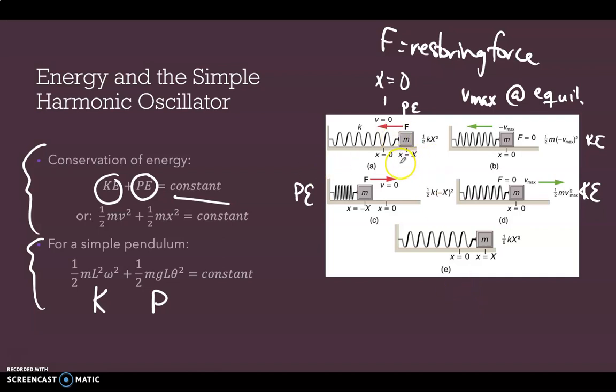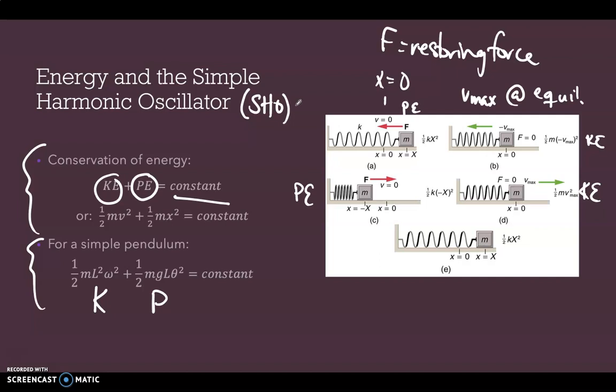So this shows you a full oscillation from this starting point all the way back to that starting point again. So this is the idea of the conservation of energy in a simple harmonic oscillator. This can also be represented as SHO.